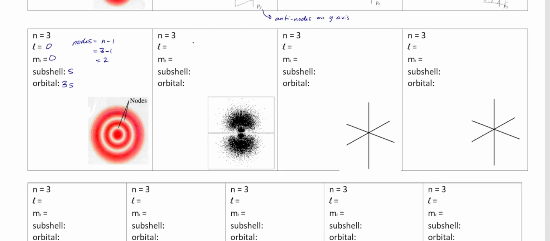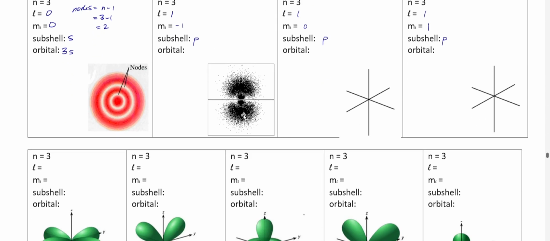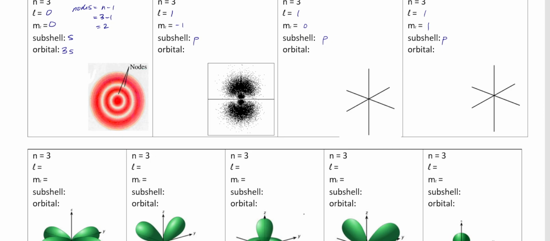In the third energy level, I can also have a p subshell as well. Okay, and my m sub l is -1, 0 and 1, because it's dependent on L and can go from -L to +L. And then what I'm going to do right here is draw this in.